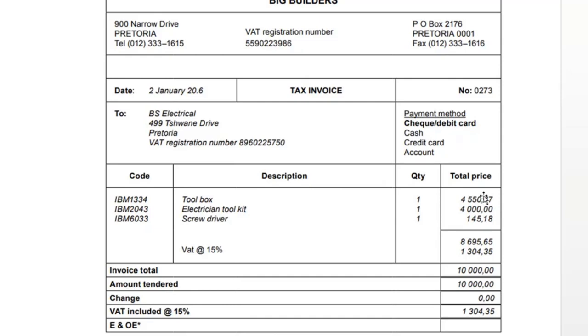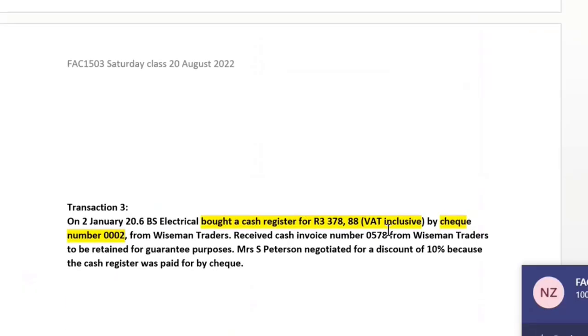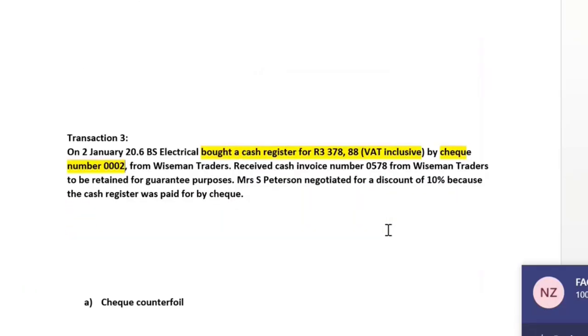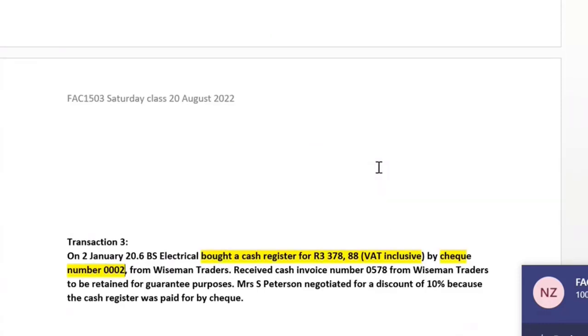Yes, Maila agrees with Faith. Yes, guys, when you need to calculate the amount excluding VAT, you take the 10,000 divided by 1.15 to get to 8,695.65. Well done, Faith. Yes, that's correct.